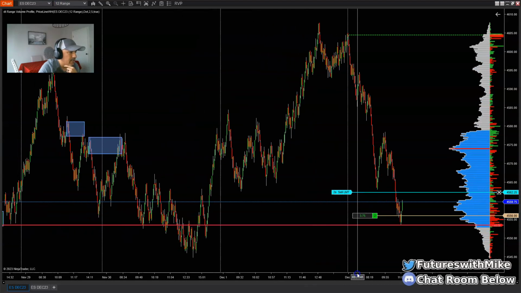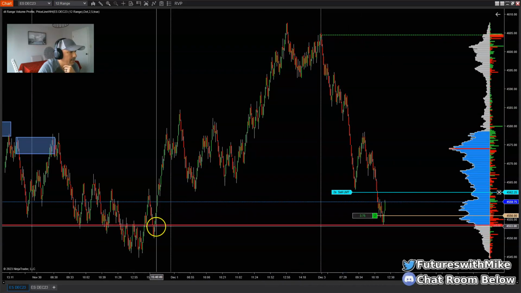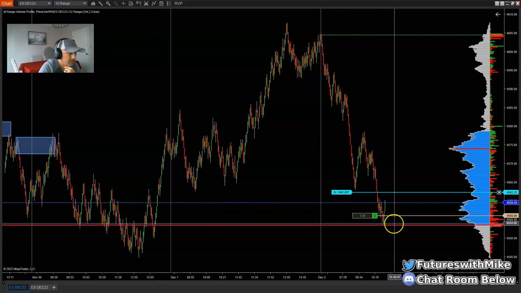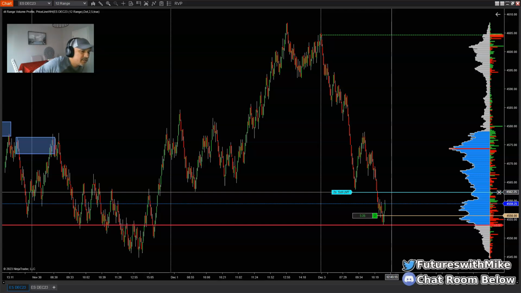This is an area of demand on the 12 range chart. So yeah, looking for the market maybe to come down to it, rejected it. So I'm looking for it to come up here and test up here at 62.25. If I can get filled here, it'd be about 4 points, 4.25. So I'm going to hold this trade here.